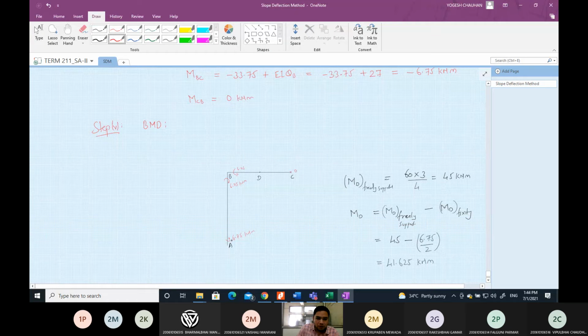Now this point is pointing outward, so here it will be 6.75. It is constant, so it will be a linear line.